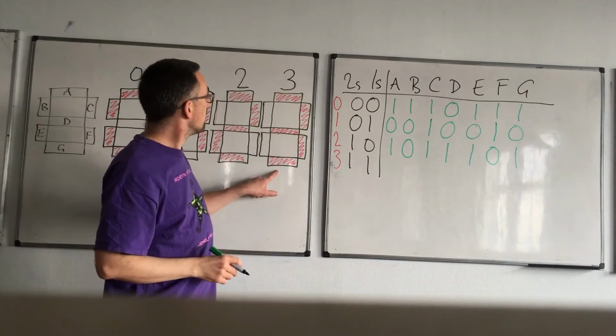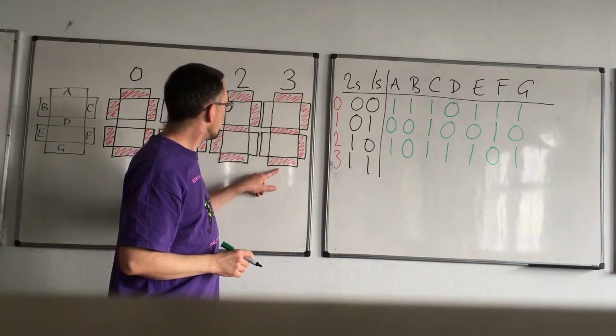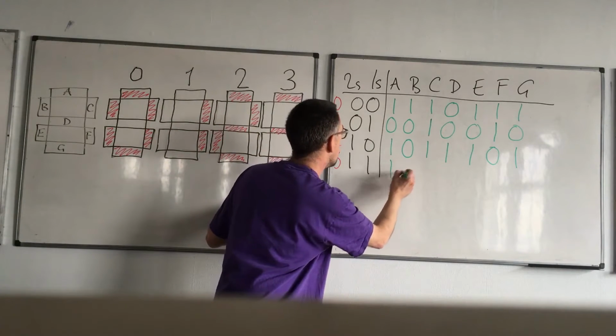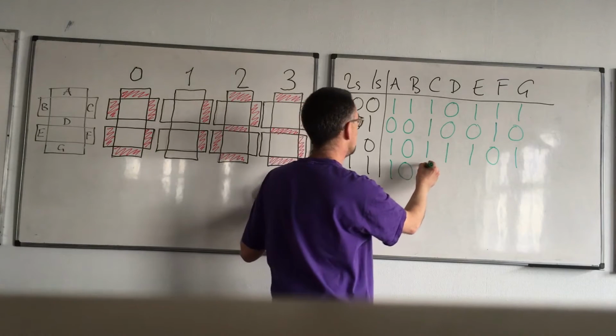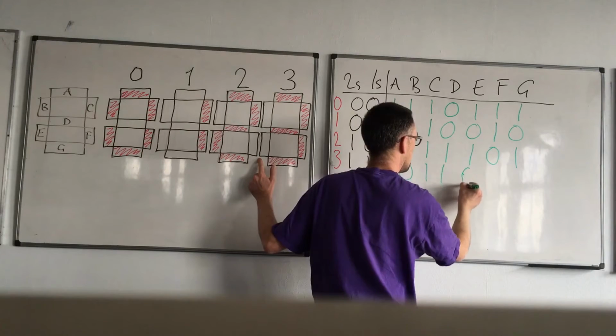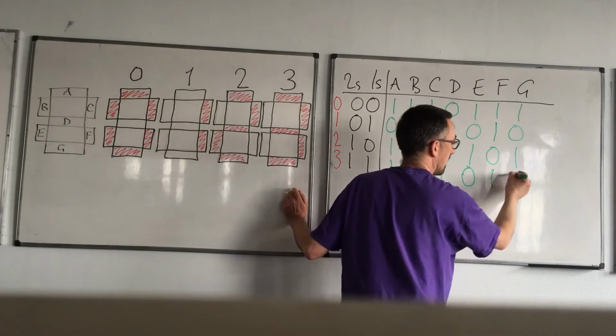And finally, for 3, we have A, not B, but we have C, we have D, we don't have E, we have F, and we have G.